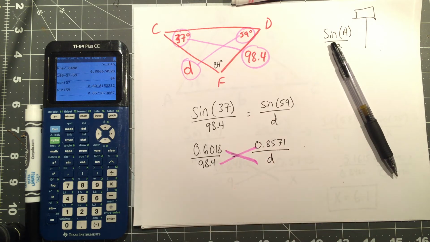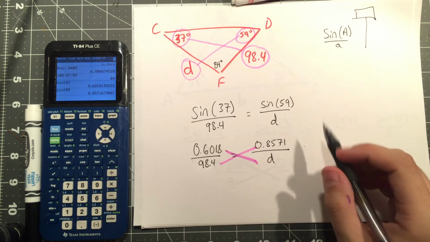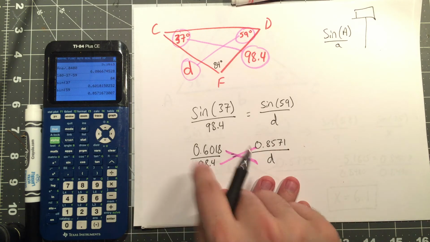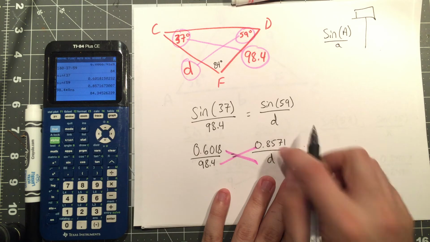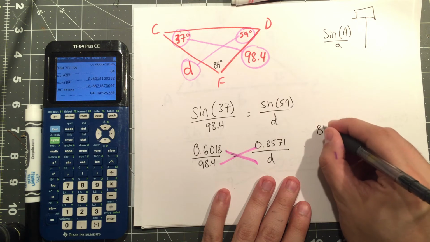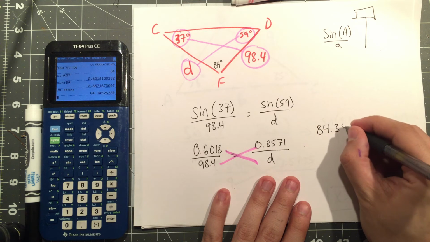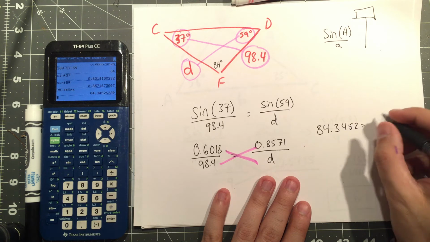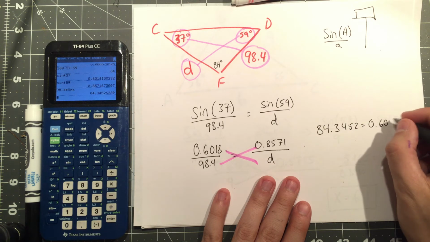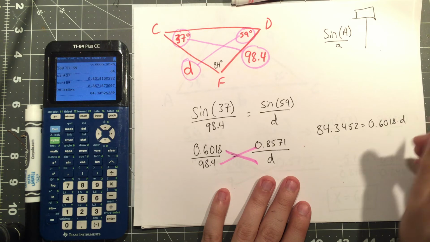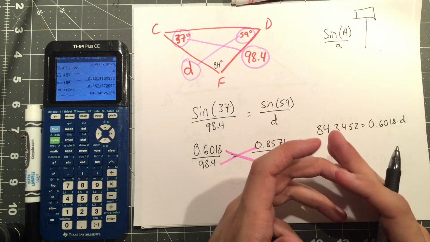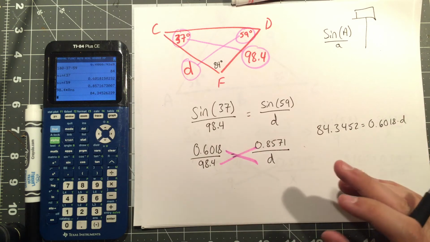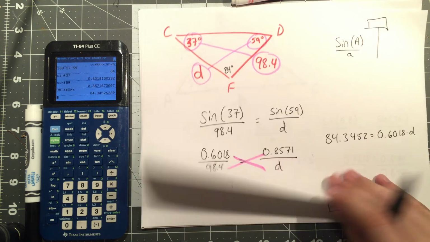We're going to cross multiply right here. 98.4 times this decimal gives me 84.3452, 0.6018 times D. If you notice, I'm keeping decimals while I'm working, but I'm leaving them off of my final answer.